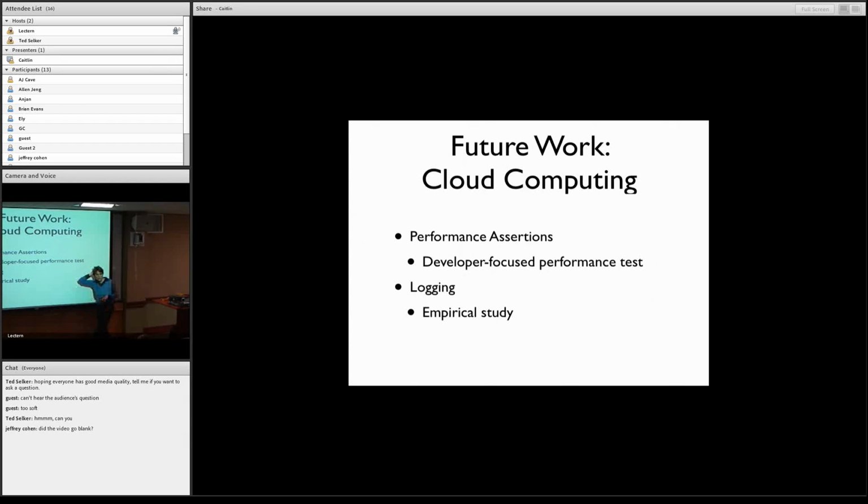So one project that I've been talking about is adding performance assertions. You could say, this part of the code should run faster than this part of the code. Or this should be no more than 5 times slower than this thing over here. Or this part of the code is bounded by the network, that's the real bottleneck here.